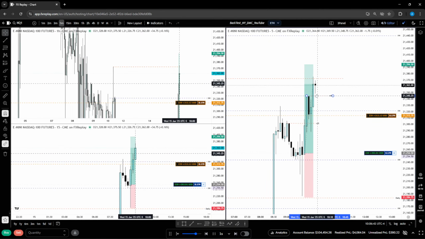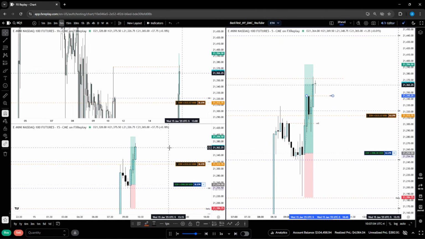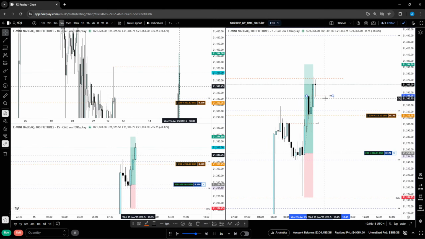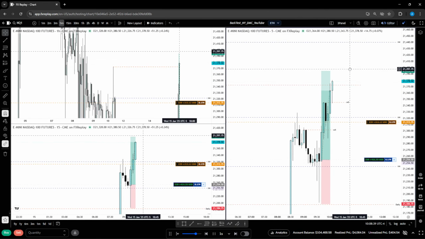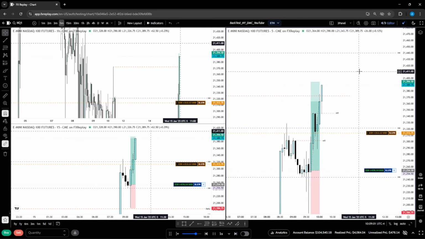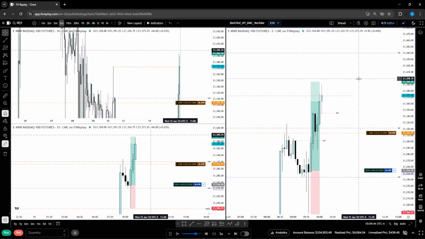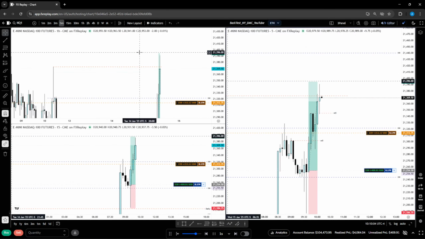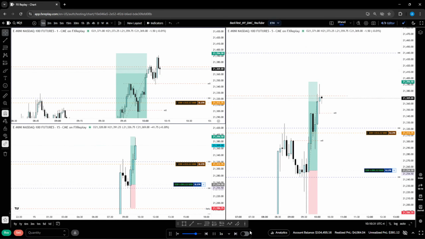This is a 5-minute level now. Okay, got a test. Now let's see if we can break above. We did break above. See why we're getting rejected.